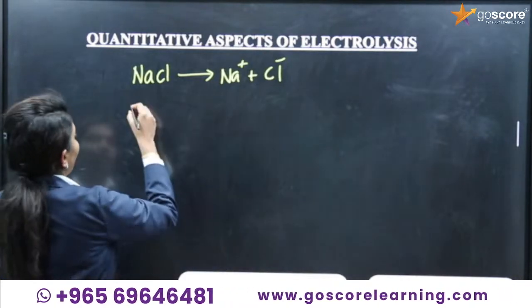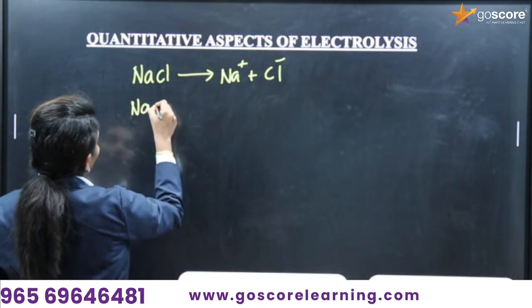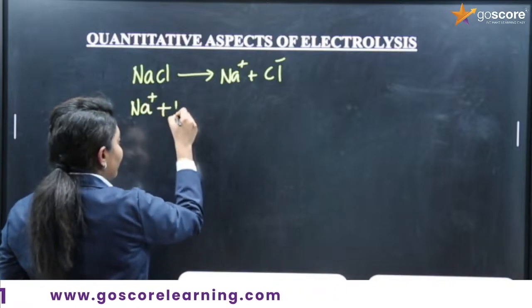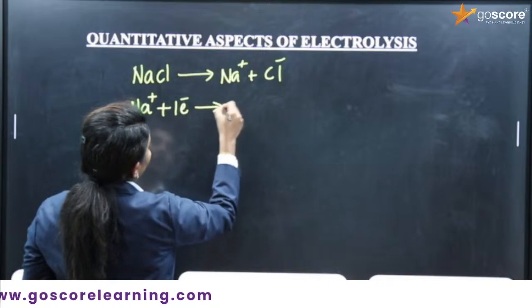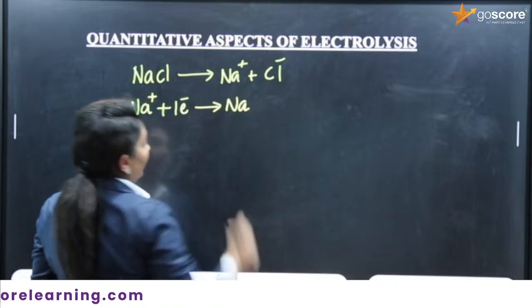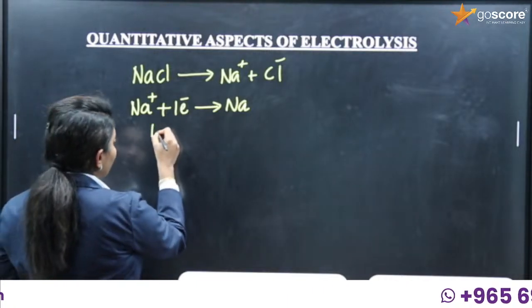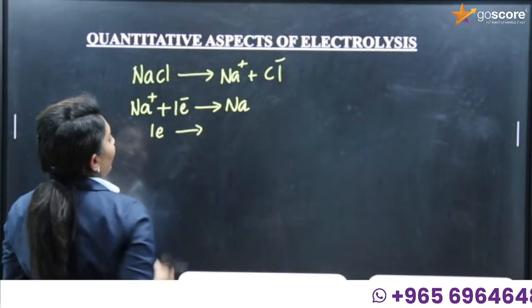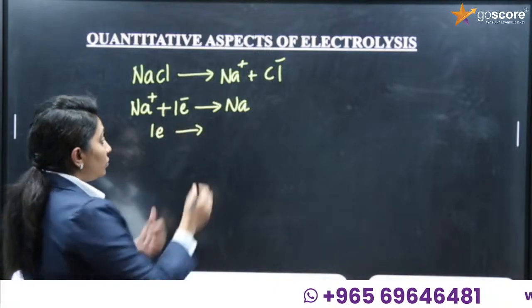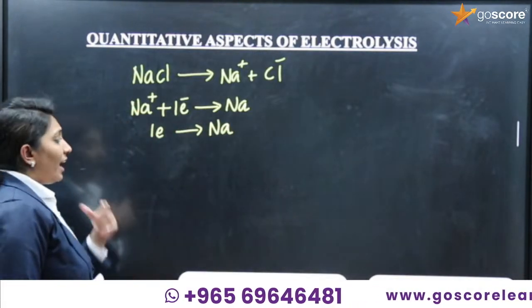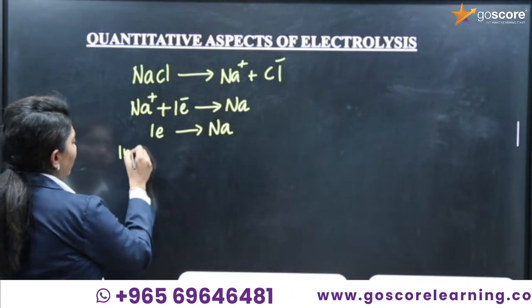See, the Na plus ion will accept one electron and change to sodium, right? So one electron is involved to produce one sodium. There is one mole of electron.